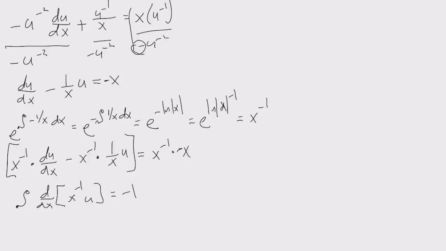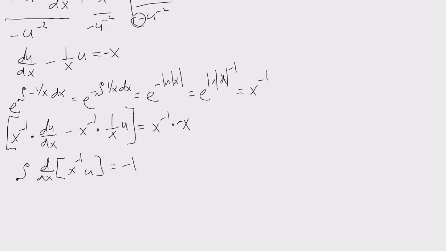All right, so that then says x to the negative 1 u equals the integral of negative 1 dx, which is x to the negative 1 u equals negative x plus c.